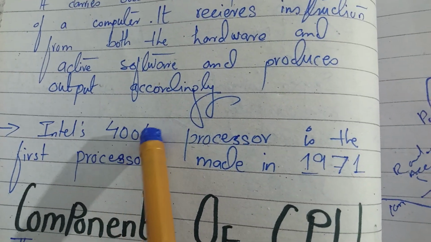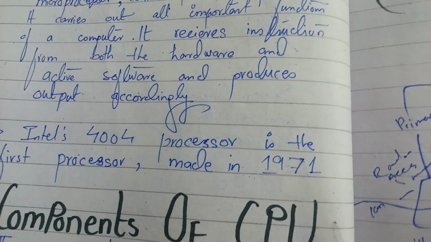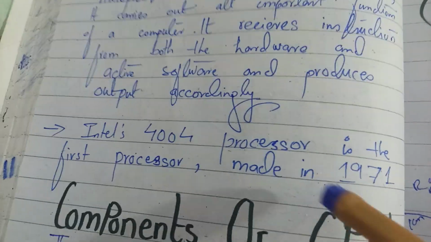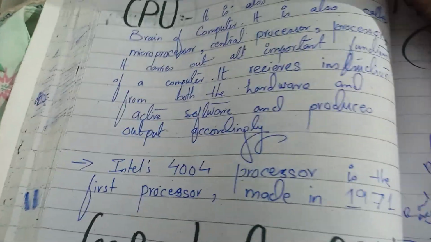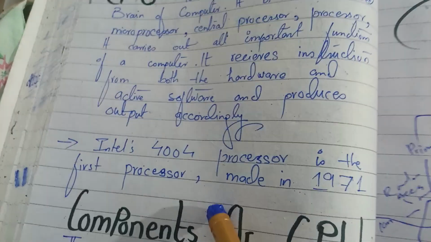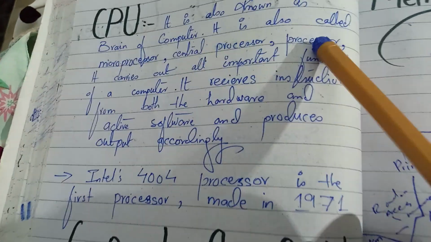Now let's move on to the basic terms. Intel's 4004 processor is the first processor. Here, processor means central processing unit. Microprocessor, central processor, processor, brain of computer, all mean CPU.